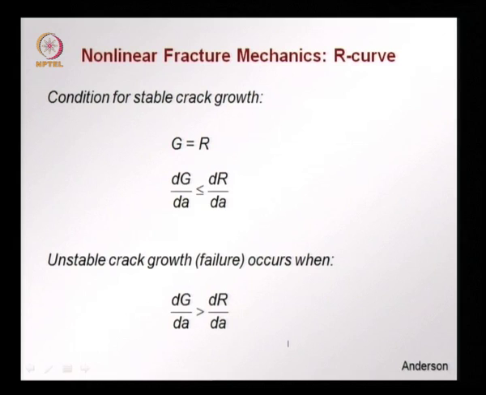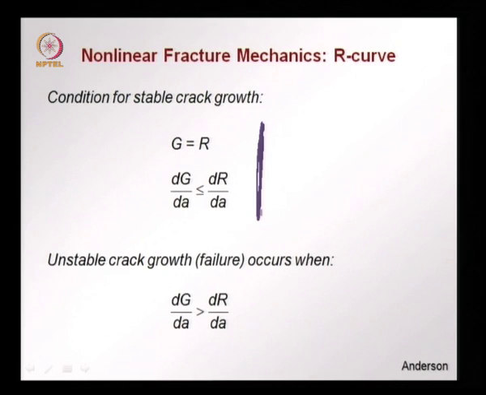So, the criteria for stable and unstable crack growth for the R curve are defined as follows. For stable crack growth, we have two conditions, G equal to R, and the slope of G with respect to the crack length should be less than that of R. So, as long as these conditions are satisfied, we have stable crack growth, that is, the crack grows, but it stops at that stress.